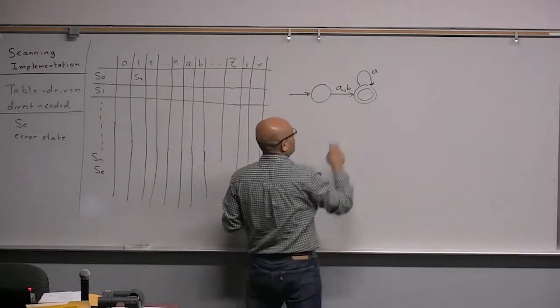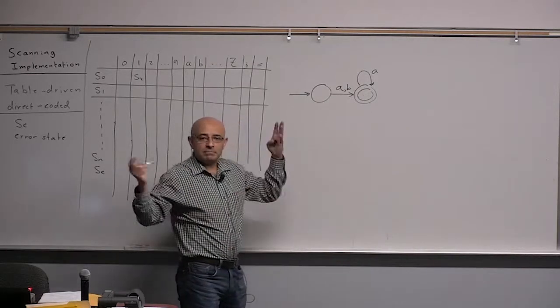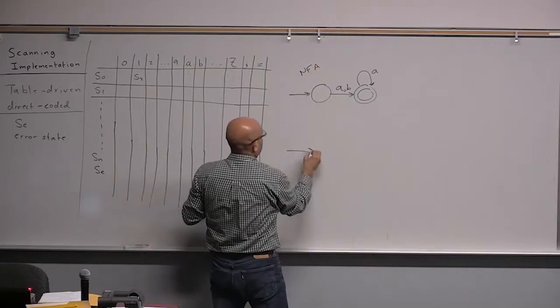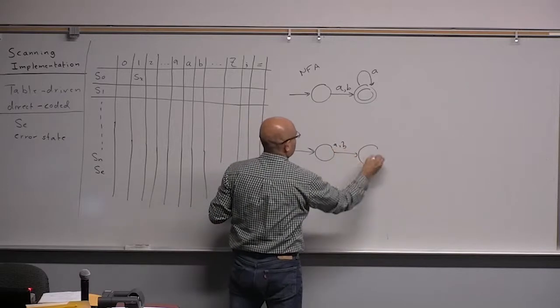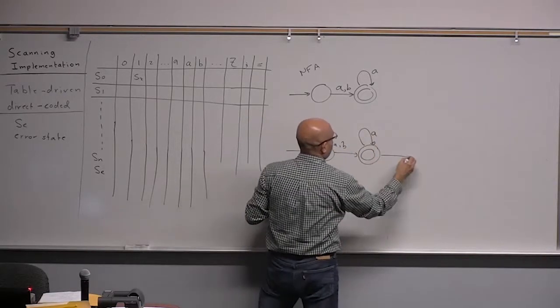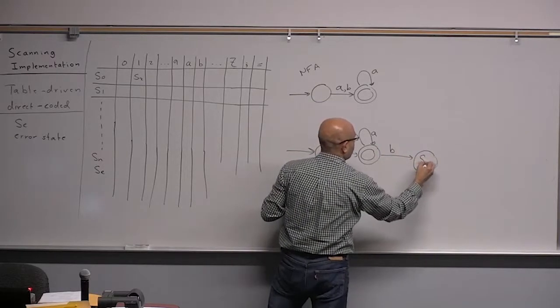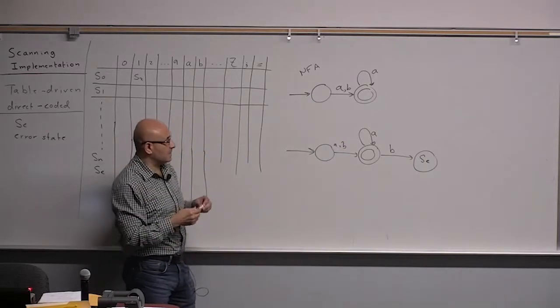Then this implicitly means that if you get a B when you are here, you go to some error state. So this is an NFA. And in the corresponding DFA, if you get an A, you loop. And if you get a B, you go to an error state explicitly. So in the DFA, the error state is explicit.